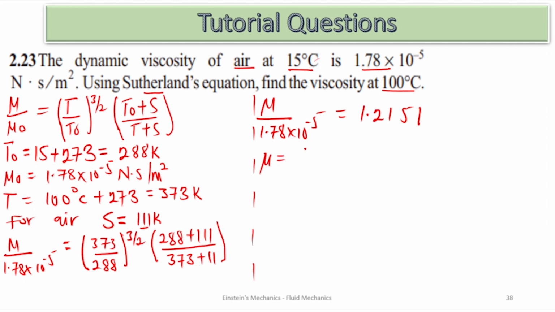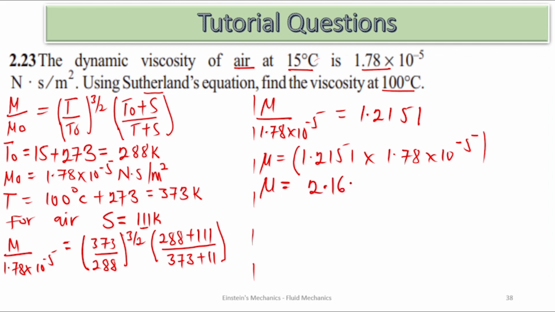Therefore, my mu is 1.2151 multiplying 1.78 to the power negative 5. And with this, you are going to get your mu to be 2.163 times 10 to the power negative 5, the unit Newton second per meter square.